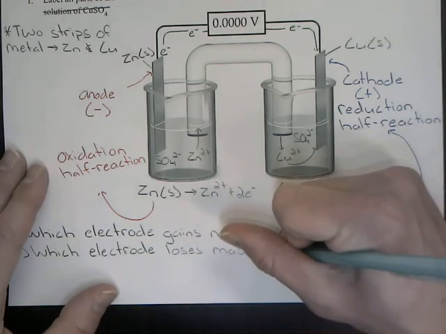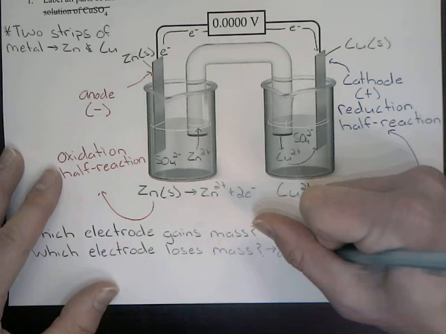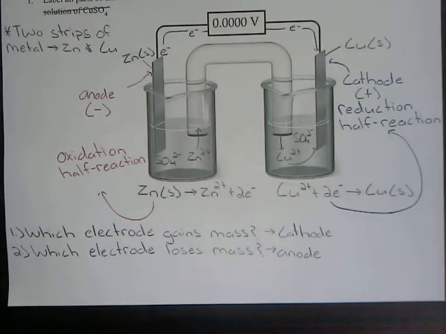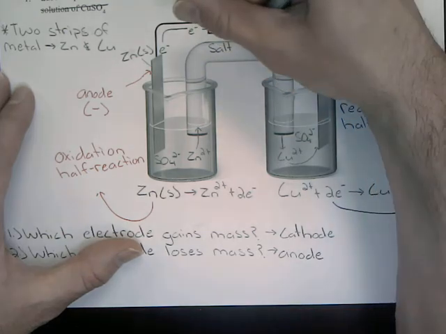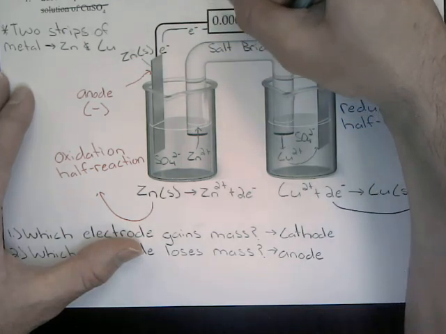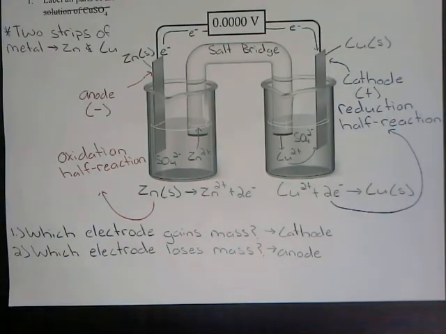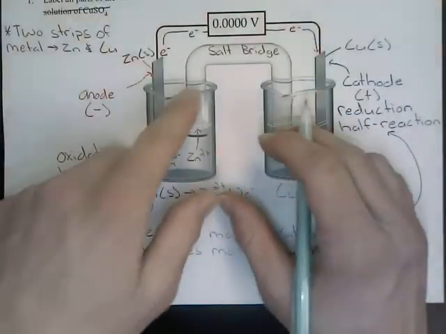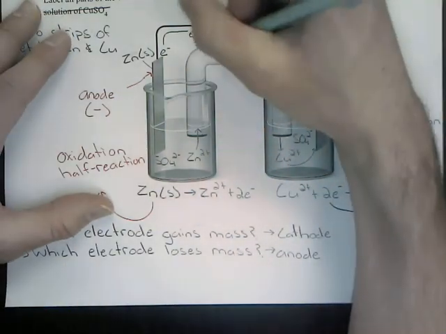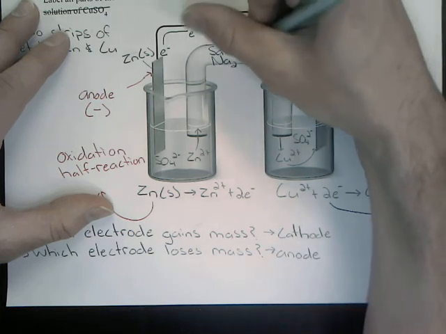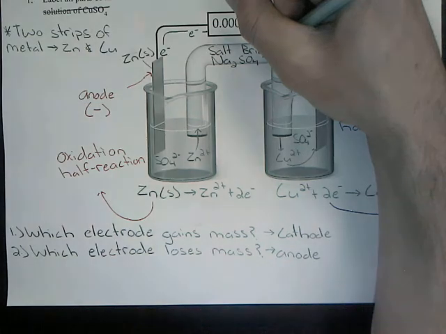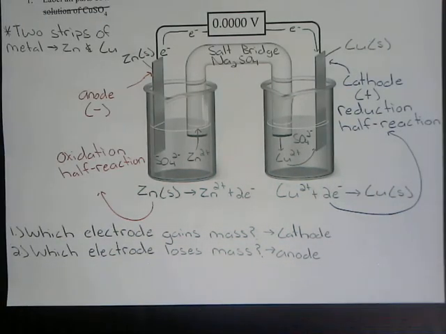Now, before I ask my other two questions here, I want to talk about here my salt bridge, okay? So right here, this U-shaped tube is the salt bridge. And this salt bridge is just to help with the flow of electrons. And in this particular tube, you would have kind of a paste-like material. And let's say we have Na2SO4, okay? And so what would happen here is this.